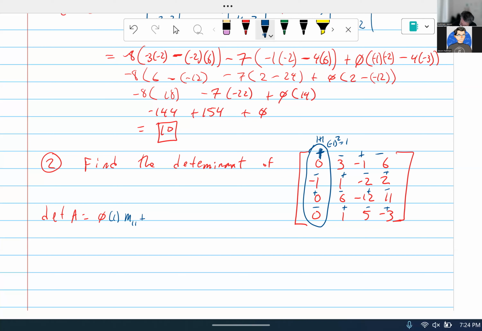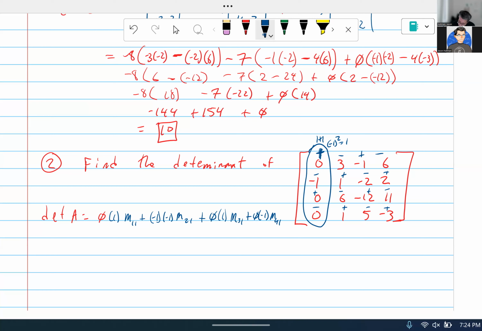The next one, we're going to go plus negative 1 times negative 1, or the negative of a negative 1, okay, times the minor of, this is row 2, column 1, 2, 1, plus 0, okay, times that positive 1, okay, for our sign, times the minor of 3, 1, plus 0 times negative 1 times the minor of 4, 1.